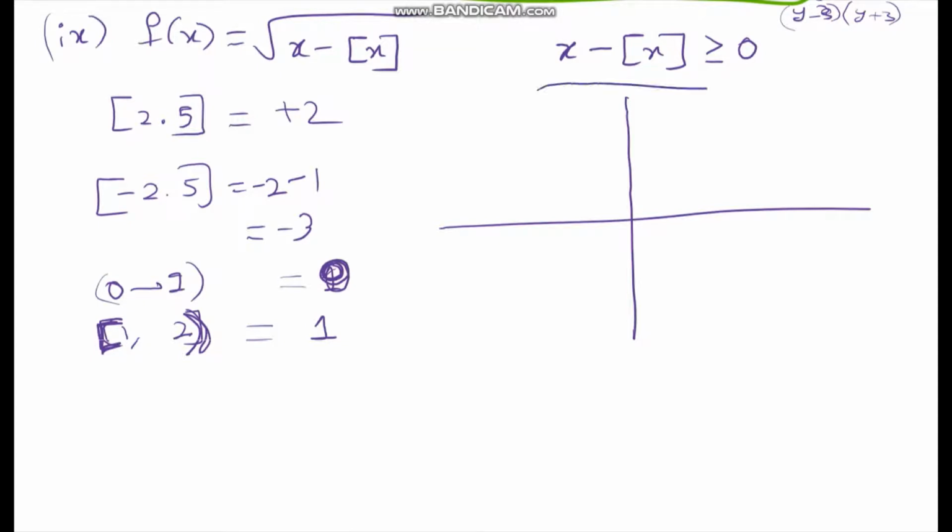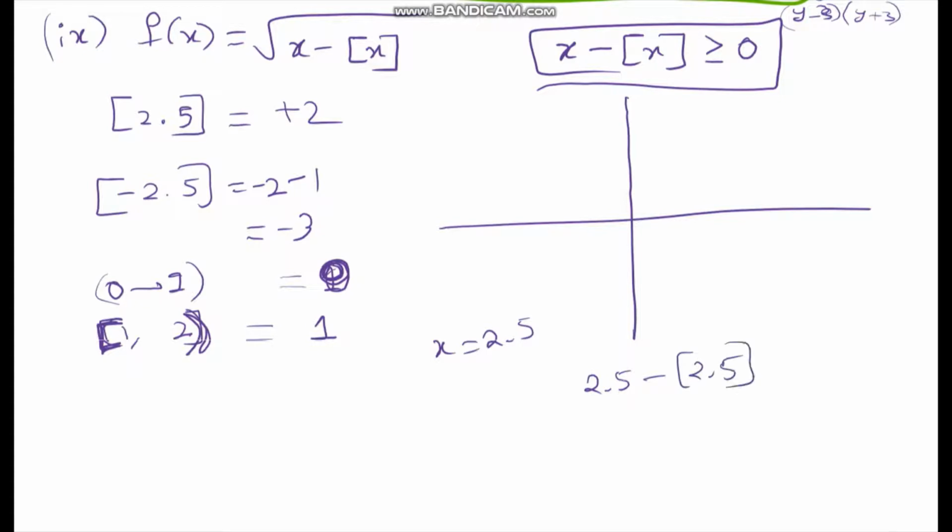So x minus step x is defined. If I put x equals 2.5, this will be 2.5 minus step of 2.5, nothing but 2.5 minus 2, which is more than or equal to 0.